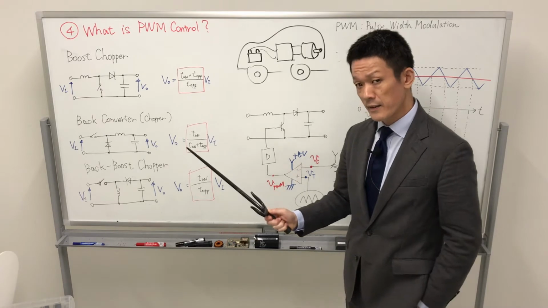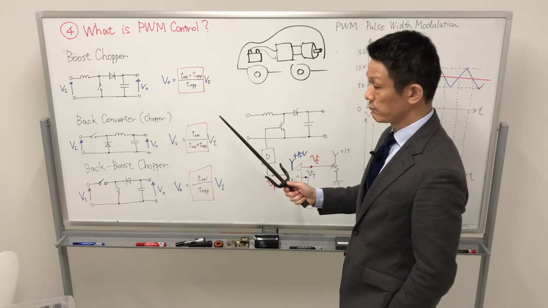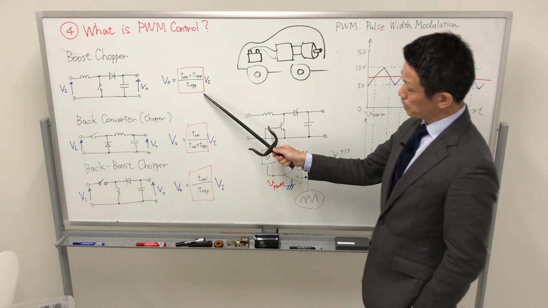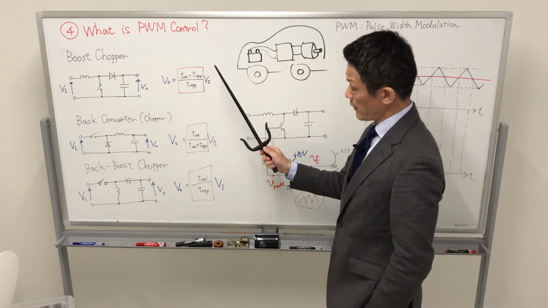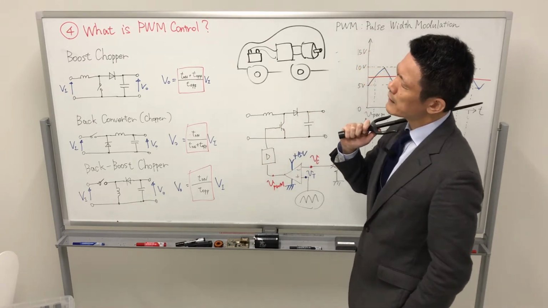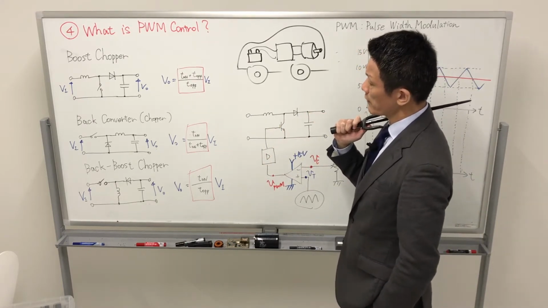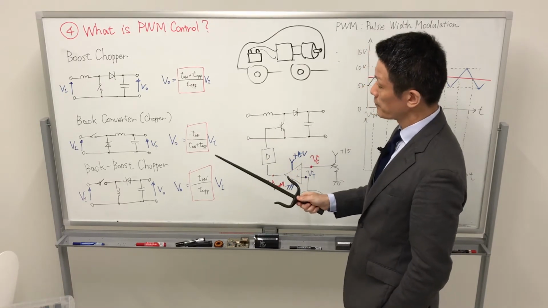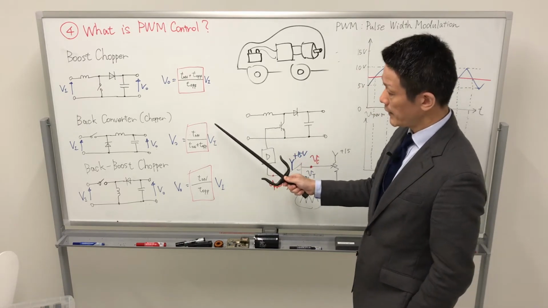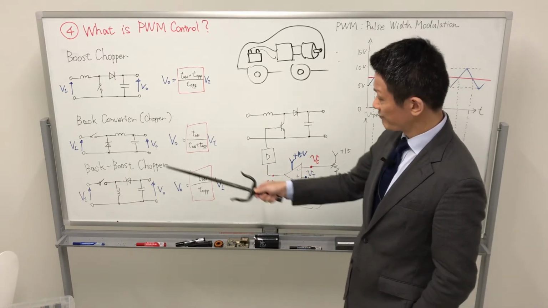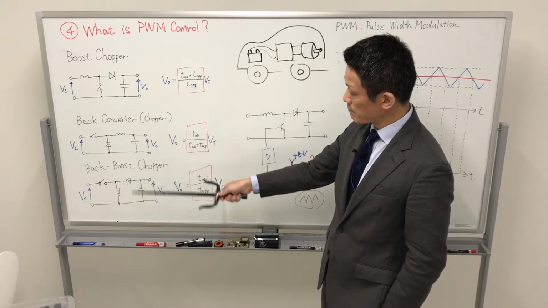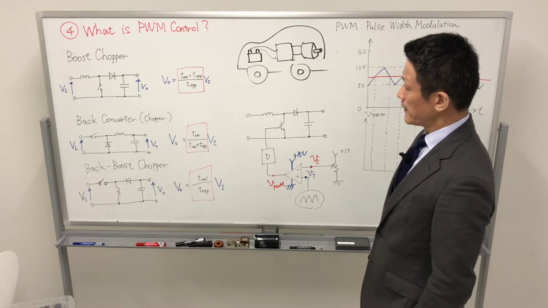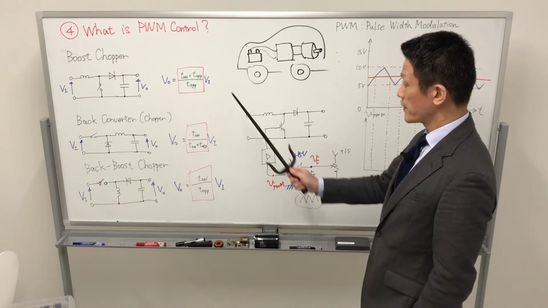That is the essence of the chopper circuit. Last lecture I discussed the boost chopper, so that is the answer. And please calculate for the buck converter and buck-boost converter yourself.